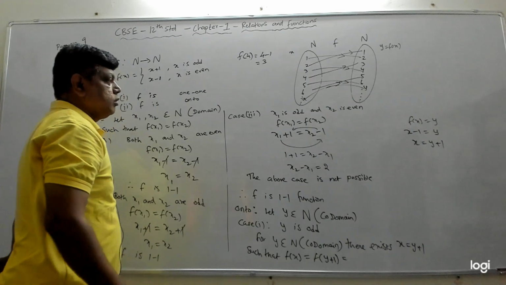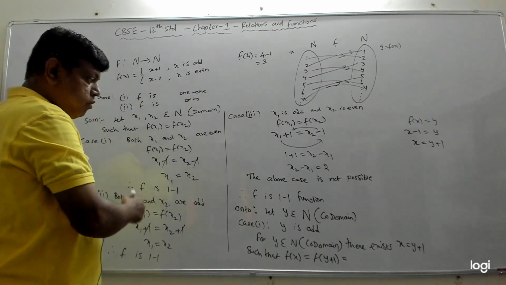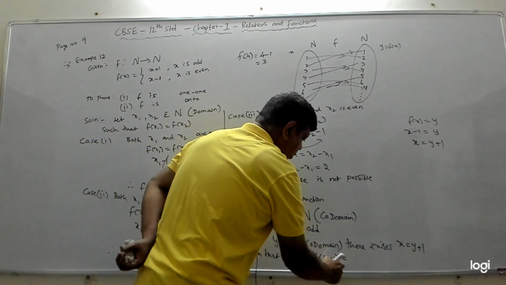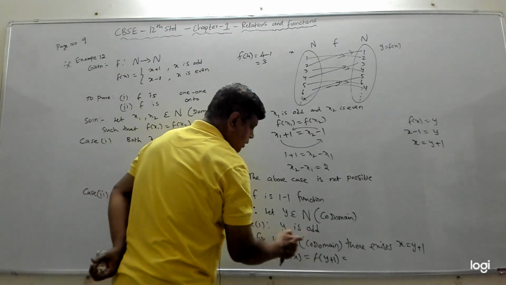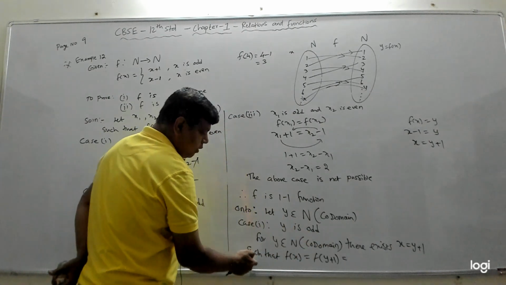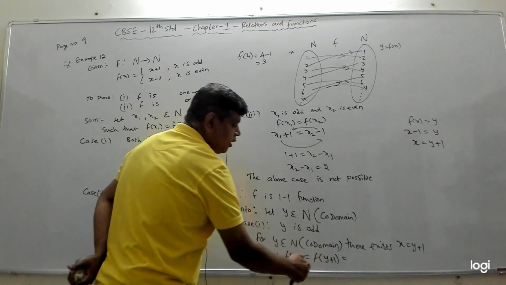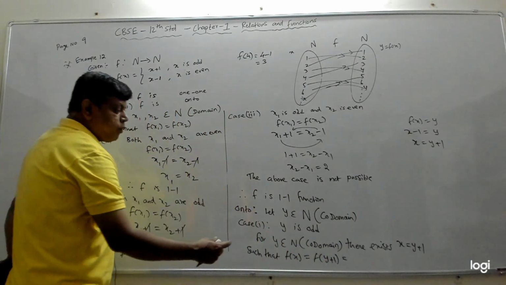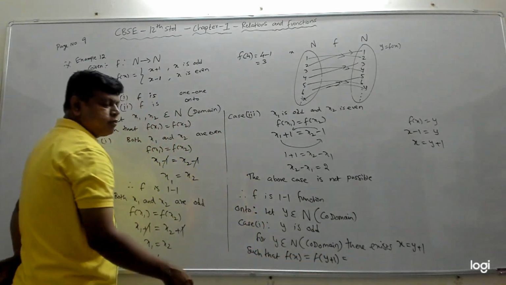But y is what? Y is odd, because we are dealing with the odd case. Y is odd means y plus 1 is even. And y plus 1 is x. So x is even.